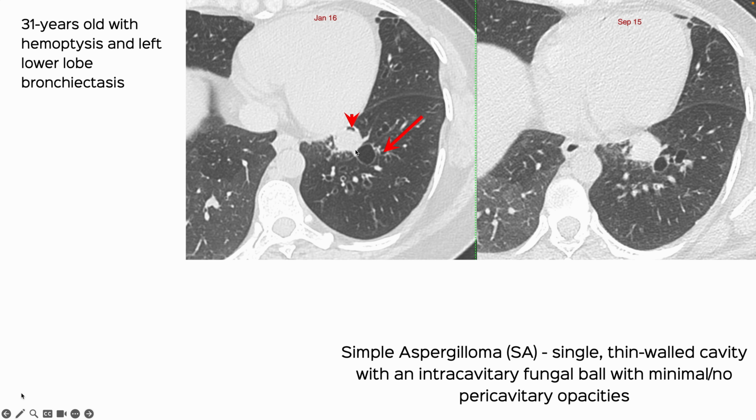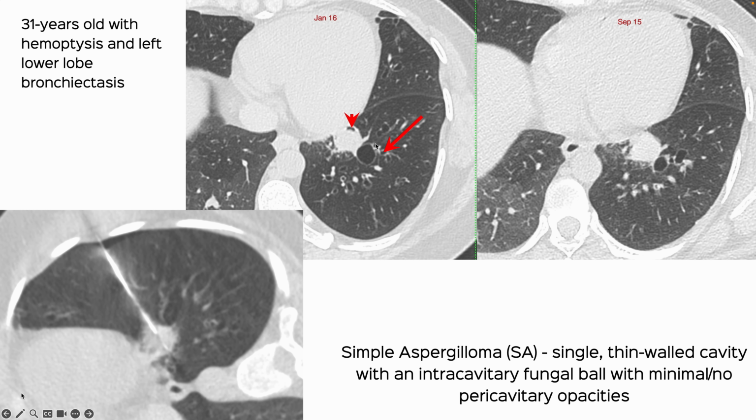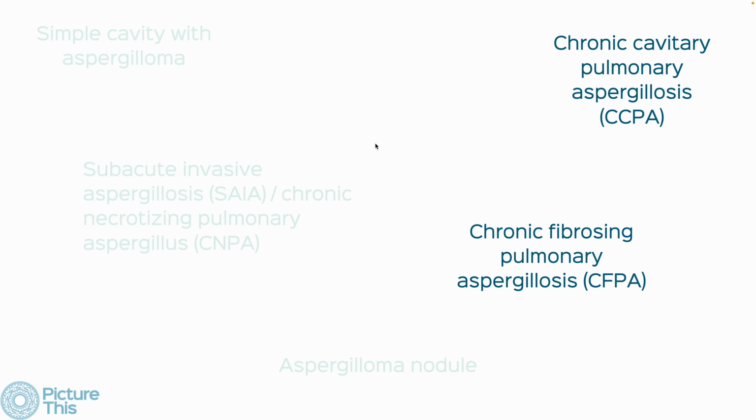So you need a predisposing factor, because you need a cavity or a cyst or something within which the fungal ball can happen, where there is aspergillus infestation and then growth of that fungal ball. And you can see this here. And again, we diagnosed this because I had biopsied this. And so, that's how we know that these are simple aspergillomas within single cavities.